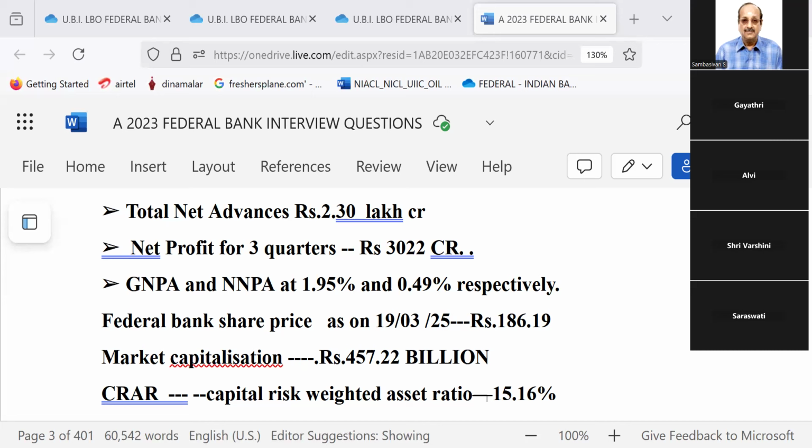So now it is a stage for me to tell you what is DICGC. DICGC is the Deposit Insurance and Credit Guarantee Corporation. This is one of the subsidiaries of the Reserve Bank of India. The chairman's name is Mr. M.D. Patra.